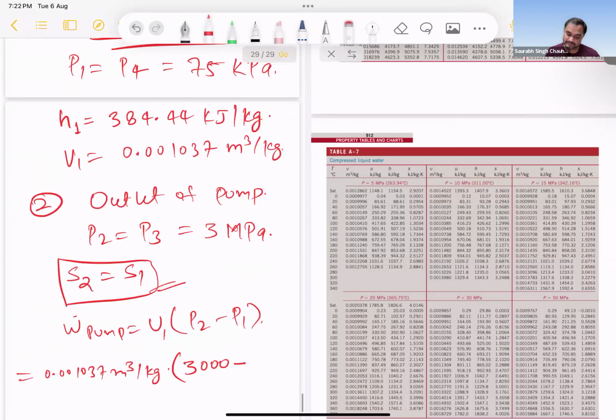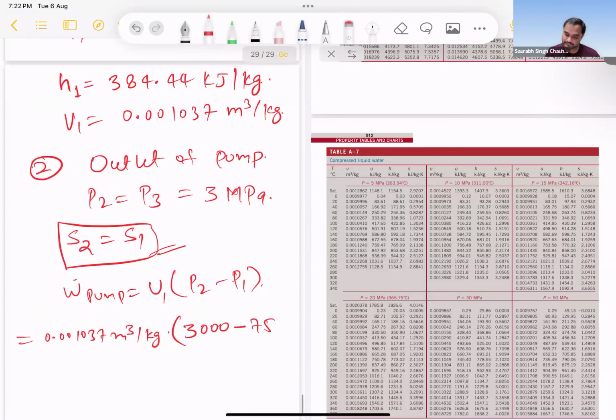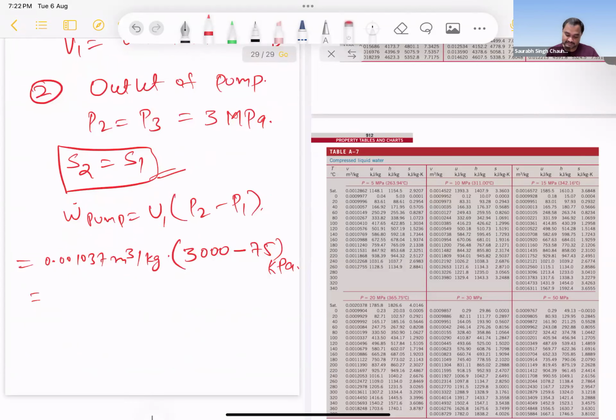P1 is 75 kilopascal. Both values are in kilopascal. So if you calculate this, it will come out to be 3.03 kilojoule per kg. So pump work we have found out.